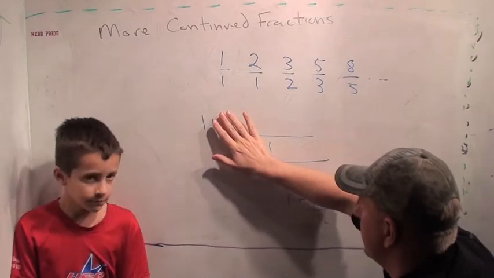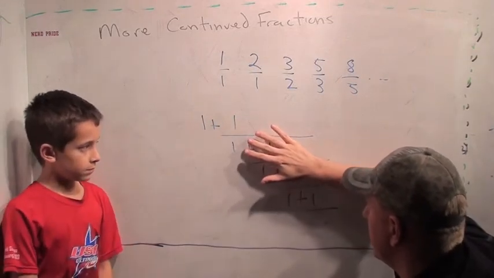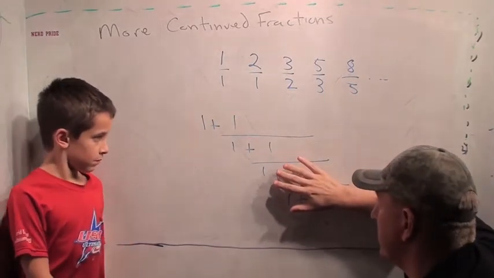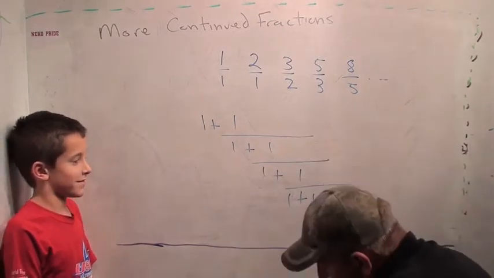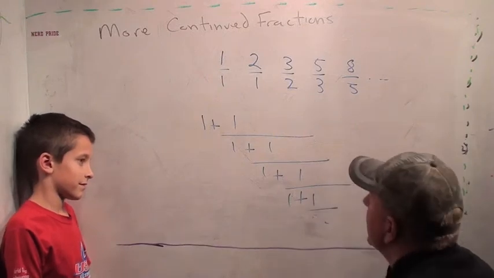First we evaluated just the 1 here, then 1 plus 1 over 1, then 1 plus 1 over 1 plus 1 over 1, and then we got these numbers. The Fibonacci numbers. It turned out to be the Fibonacci numbers, and that's really neat actually.